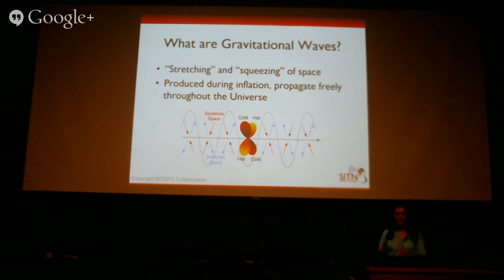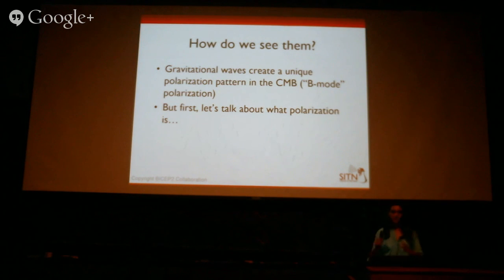When you compress a gas, you heat it up. So these parts get a little hotter, and these parts are getting stretched out, so they get a little colder. You get this characteristic hot and cold pattern as the wave moves by. This particular pattern is something we can look for. It makes a particular pattern in the polarization of the light in the cosmic microwave background.